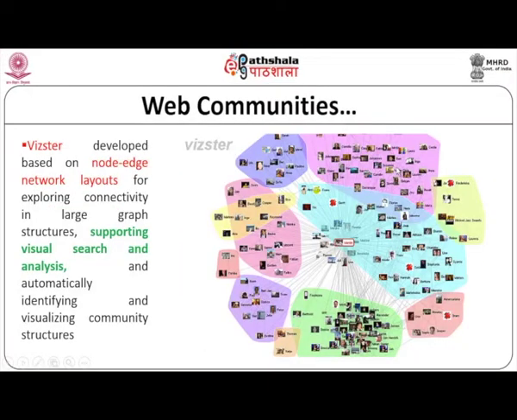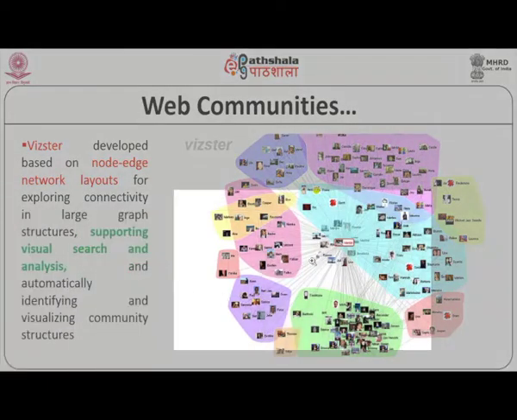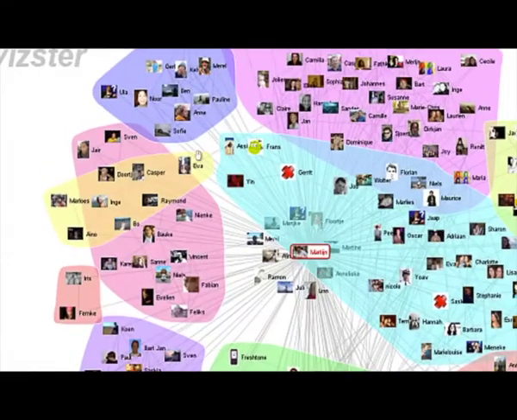Another tool, developed by Vester, makes use of node edge network layouts for visualizing web communities, and in that you can find the image of social entities like individuals and the interconnection between these individuals, which was figured out from a social network application.